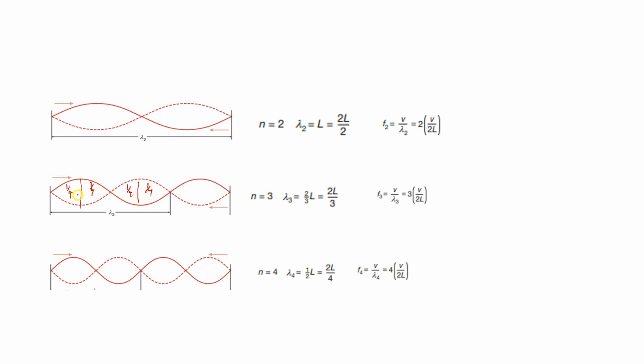So in essence, by counting up all of these, you would see that at this portion of the wave, that's when you would have one complete wavelength, which is going to be equal to 2/3 of the length of the string. So this entire wavelength here is equal to 2/3 of the entire length of the string, as you can see.